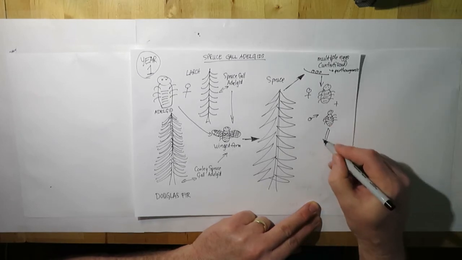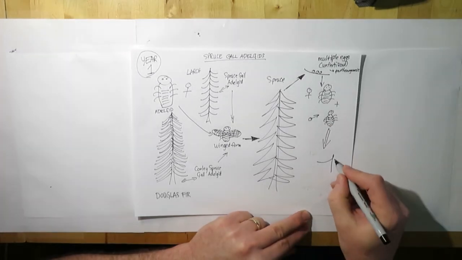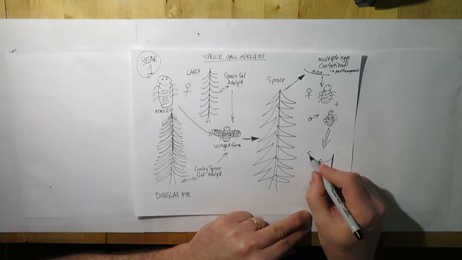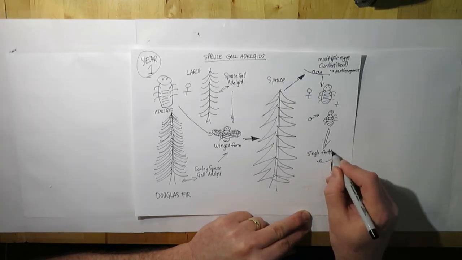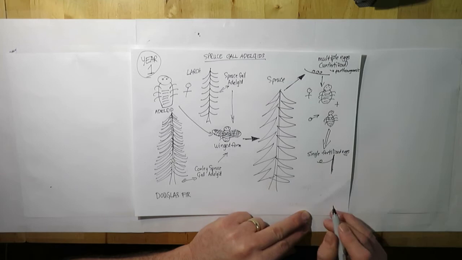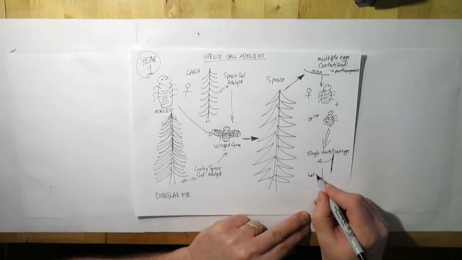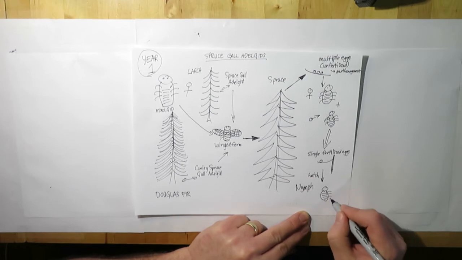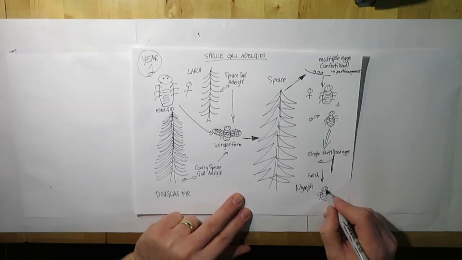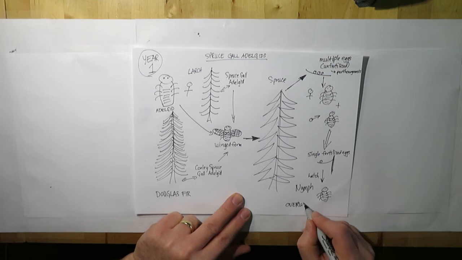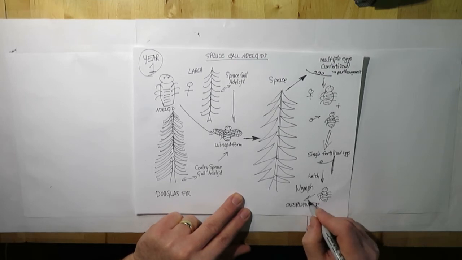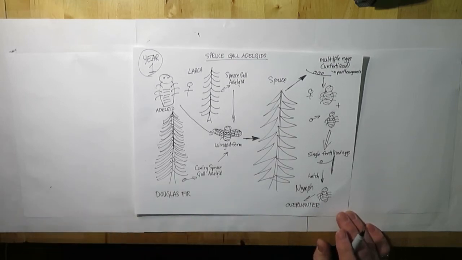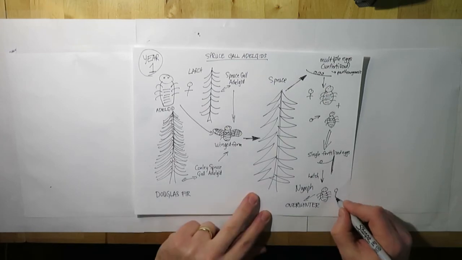And the mated females will lay a single egg on the spruce, which will then hatch to produce a nymph, also female, which will then overwinter for that year. And then the generation will continue into the next year.